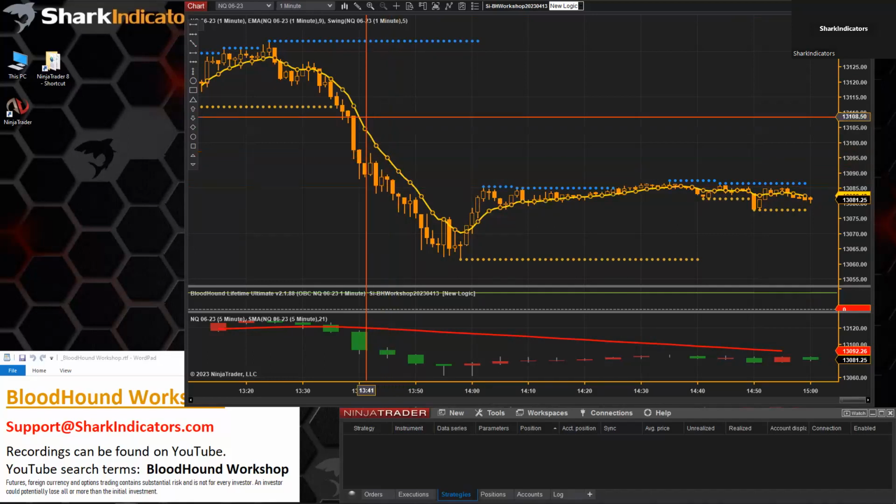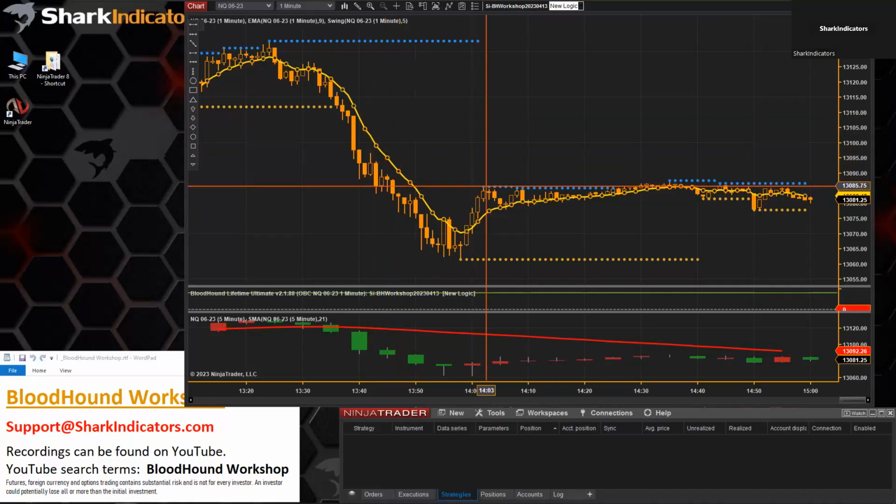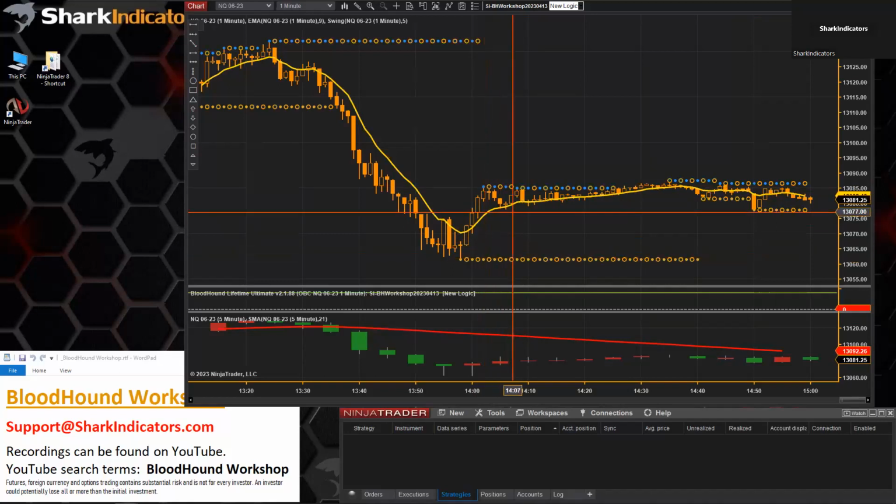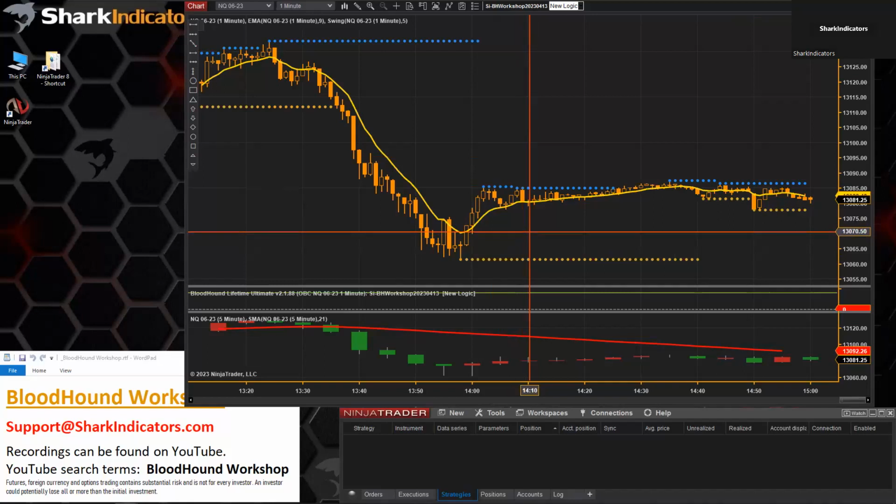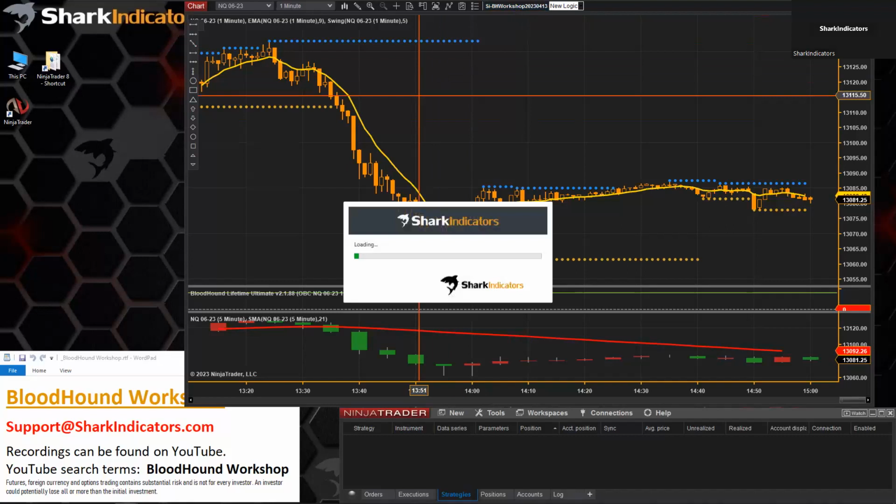So we have the 9 EMA and the swing indicator, the gold and the blue swing indicator on the chart as well. That's it. With that, let's start building some of the bits and pieces that we're going to need to build this system.